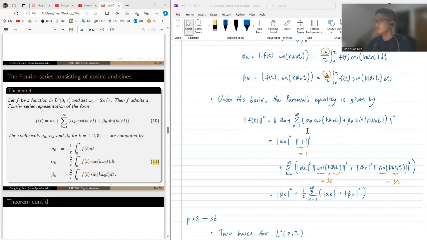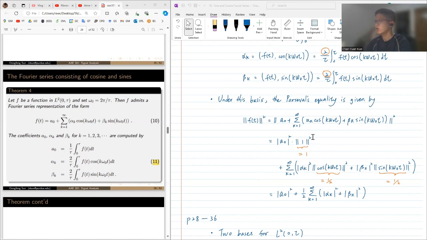And now, if you follow the definition of the inner product, you can obtain the following expression that says the total power of f equals the square of the absolute value of a naught times the squared norm of 1 plus the summation of the square of the absolute value of alpha k times the squared norm of cosine of k omega naught t plus the square of the absolute value of beta k times the squared norm of sine of k omega naught t.